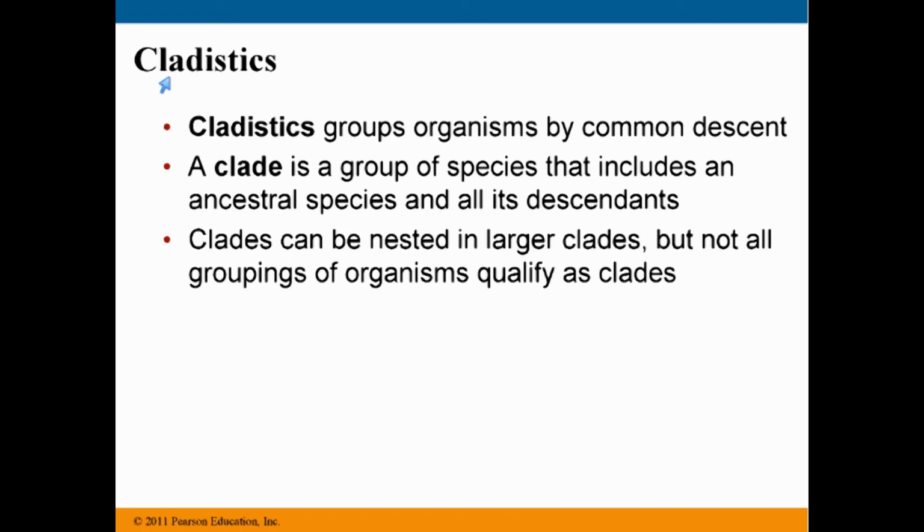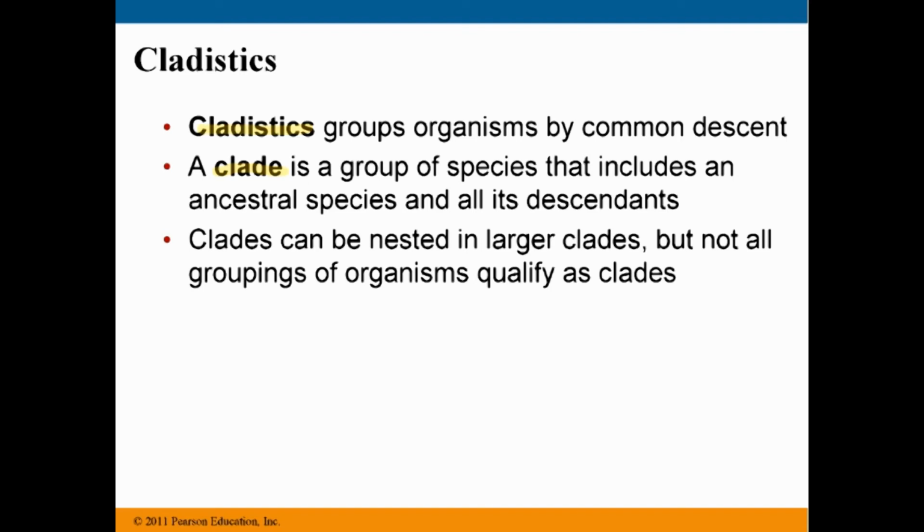Cladistics. Okay, so let's get cladistics down here. So we've got some definitions. Cladistics is a type of phylogenetic relationship that groups these organisms by common descent. Okay, definition of a clade is a group of species that includes an ancestral species and all its descendants.